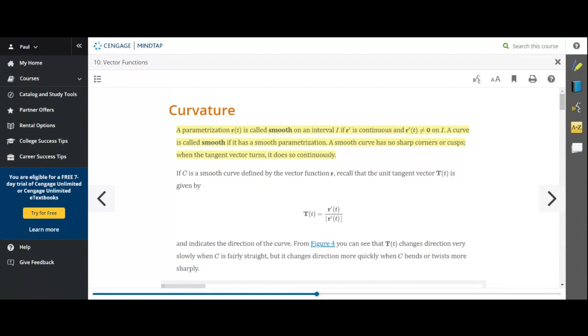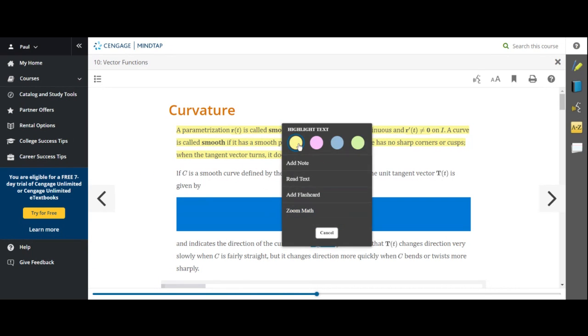A curve is called smooth if it has a smooth parameterization. A smooth curve has no sharp corners or cusps, where the tangent vector turns continuously.